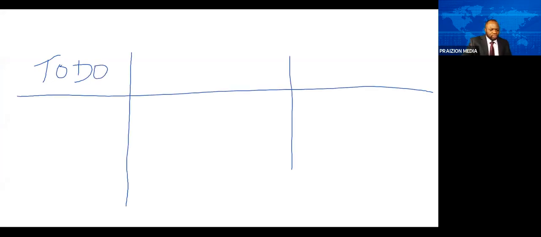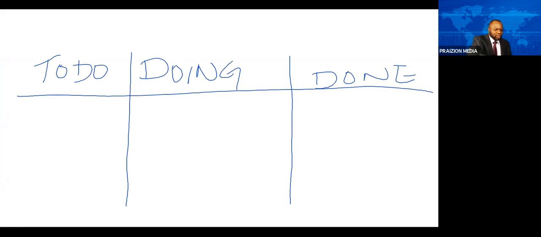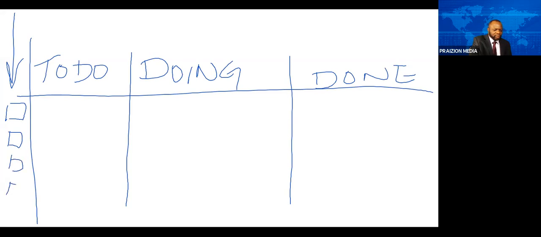A Kanban board is broken down into 3 sections: to do, doing, and done. Now we could go a step further and we could have a column with so many other pieces that need to be flown into this pipeline.